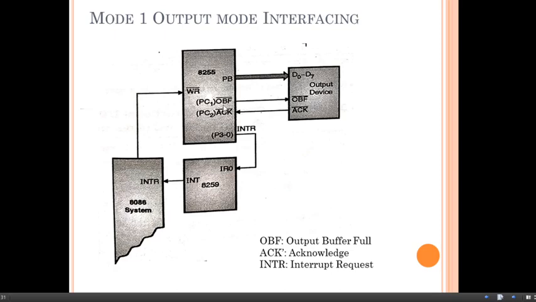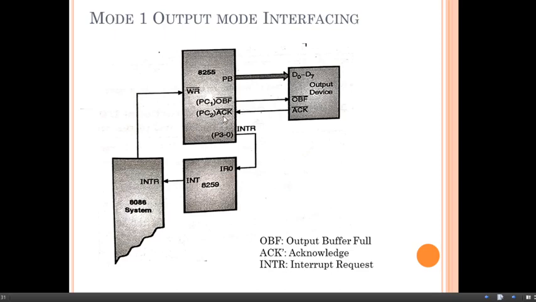In response to this OBF signal, the peripheral reads the data byte from this output port and gives the acknowledgement signal. So after receiving the acknowledgement signal, the 8255 removes this OBF signal. Next is acknowledge bar.